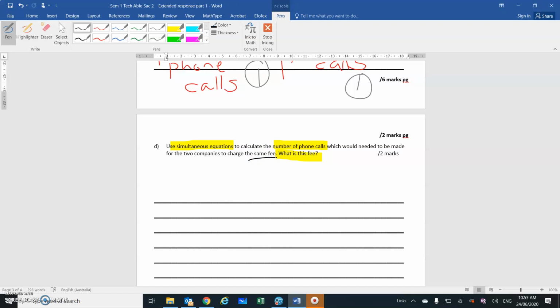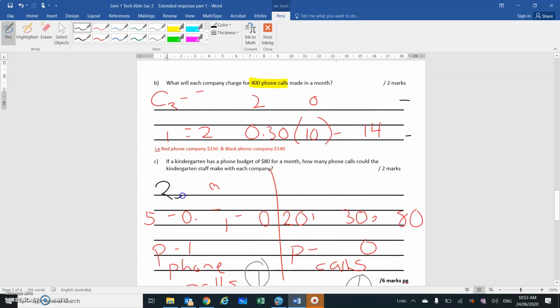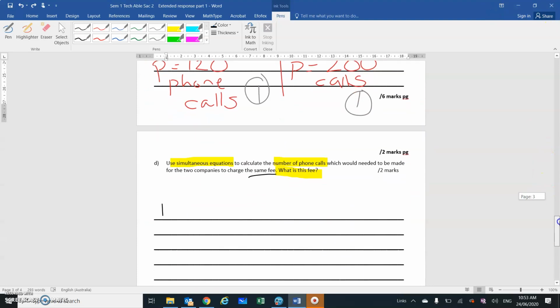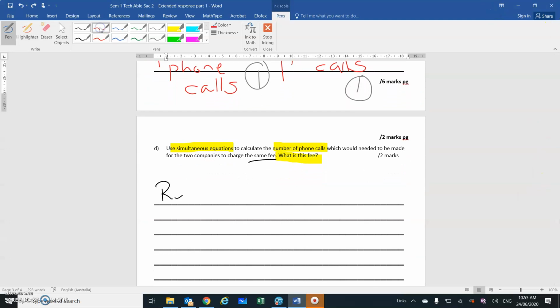So the cost of the red company will be equal to the cost for the black company.